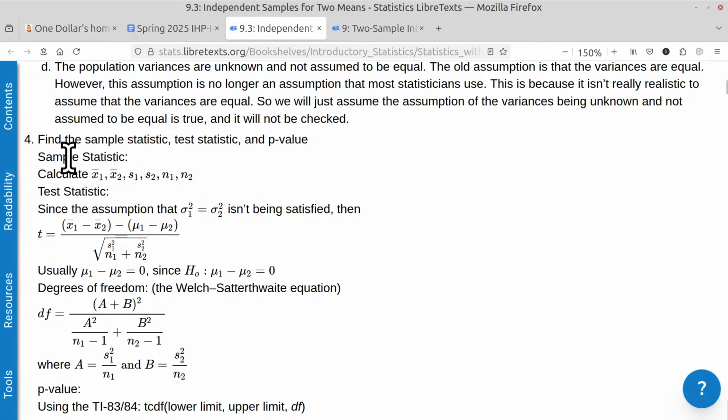Find the sample statistic, test statistic, and p-value. For the sample statistic, calculate x bar 1, x bar 2, s1, s2, n1, n2, and the t-score is x bar 1 minus x bar 2 minus mu1 minus mu2, and the denominator is a little bit like this.